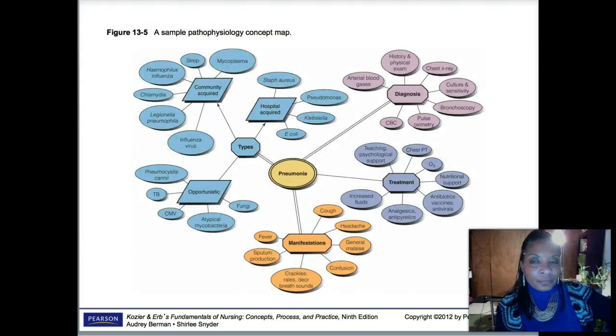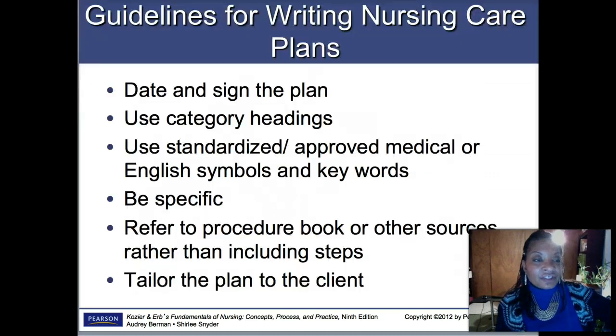This particular plan looks at the types of pneumonia, the diagnoses, the treatment, the manifestations, and other types of things you should know about the illness. Again, things you'll think about and gather data about as you are assessing your patient.